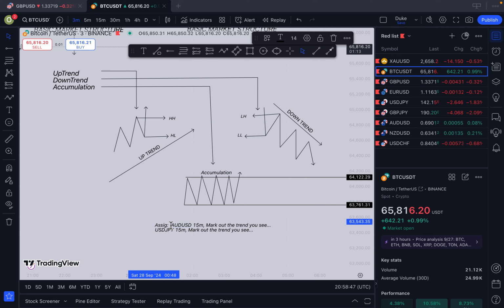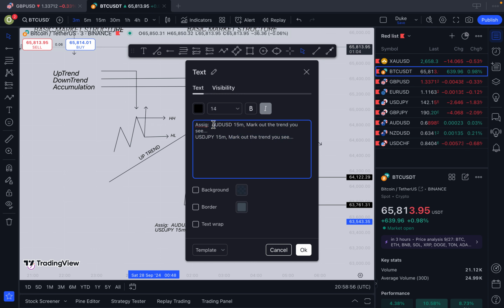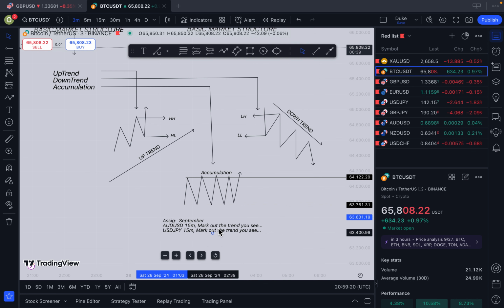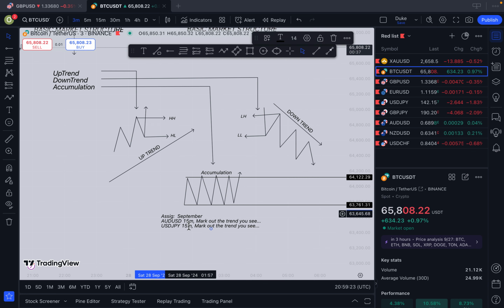Mark out what you see on these 2 particular pairs, 15 minutes, this particular month. Mark out what you see this particular month on the 15 minutes.